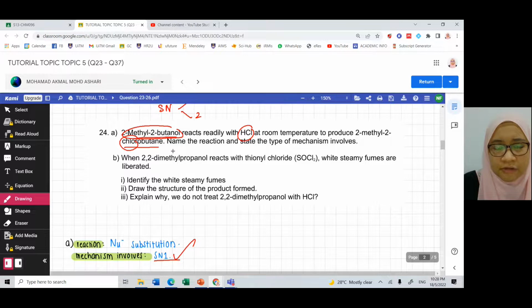Right, but first you have to draw the starting compound first, the 2,2-dimethyl propanol, because from here we would want to know the type of reaction that this compound undergoes.